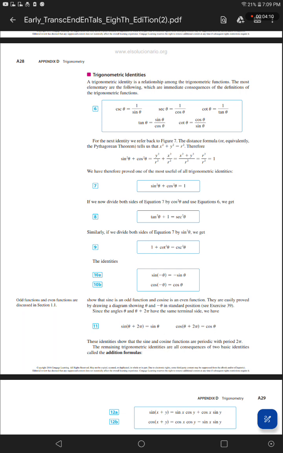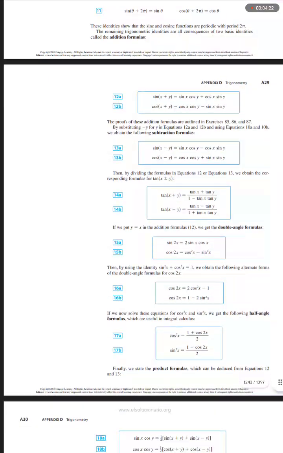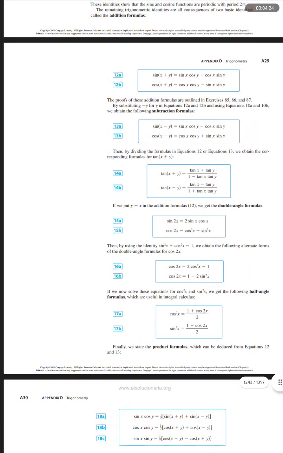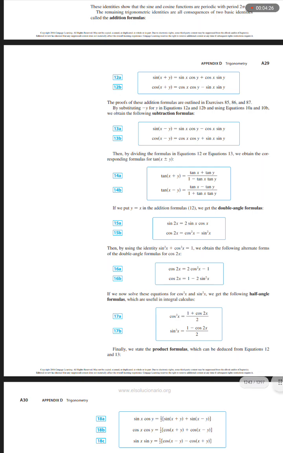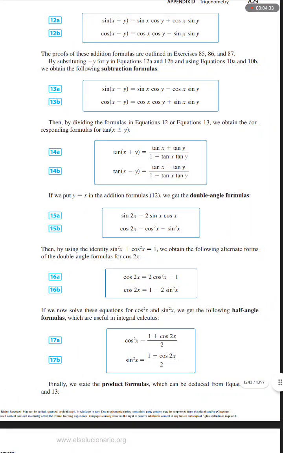The remaining trigonometric identities are all consequences of two basic identities called the addition formulas. Equation 12a: sine of x plus y equals sine x cosine y plus cosine x sine y.